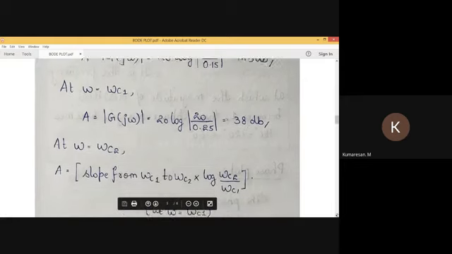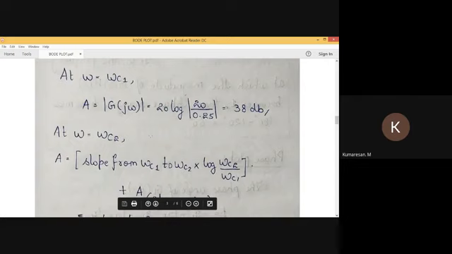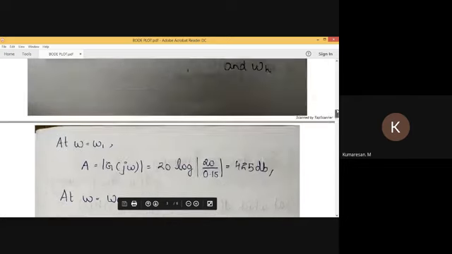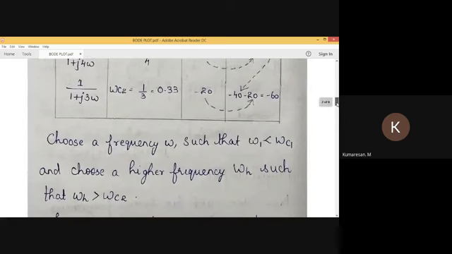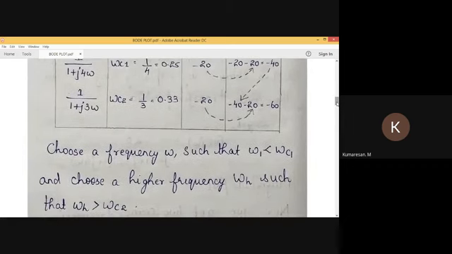Next, we come to the third one. Now we know that the slope changes occur after 0.25. When it reaches 0.25, the slope changes to -40.